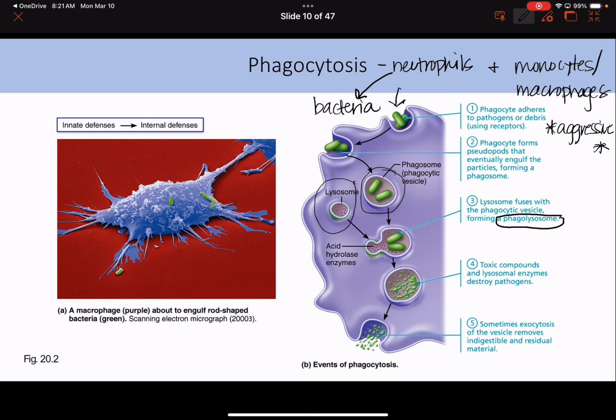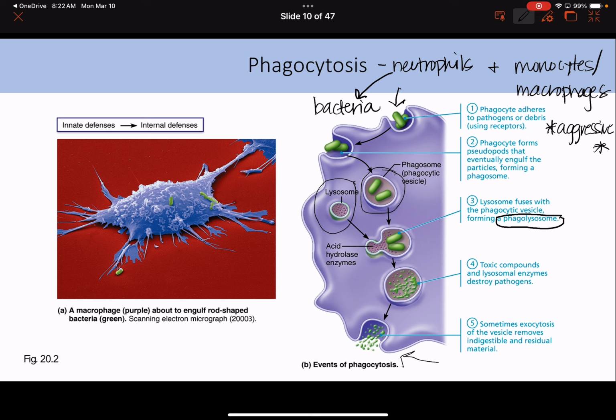And then once we break that down, any parts that can be recycled and used by the cell, it will, and then anything else will get delivered out by exocytosis. Okay, but you all should be familiar with that process. Any questions about phagocytosis?